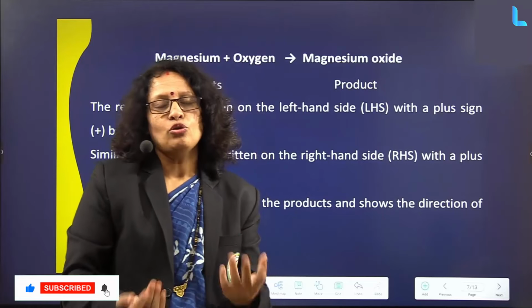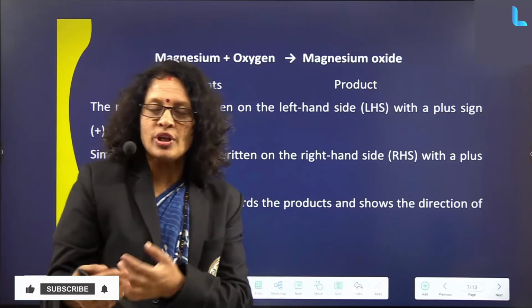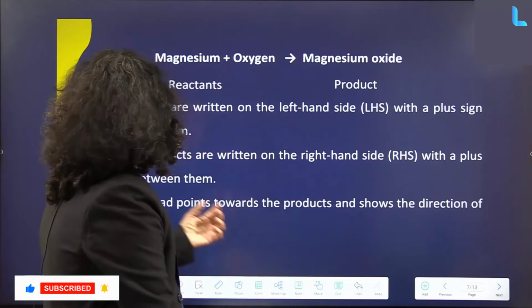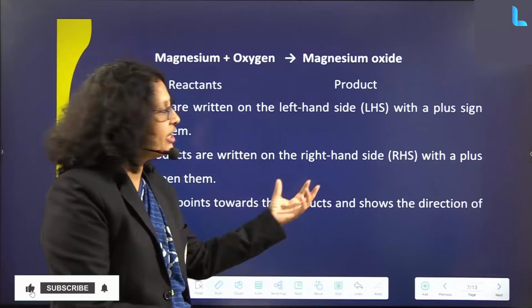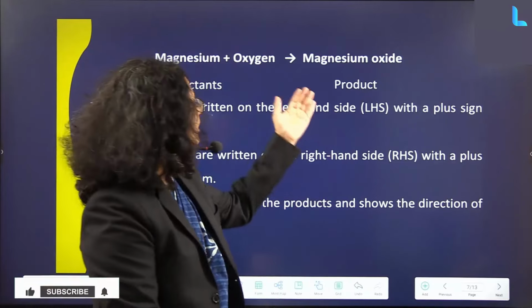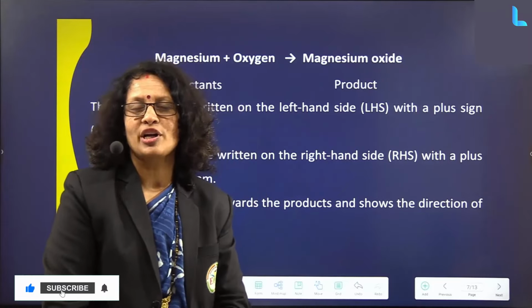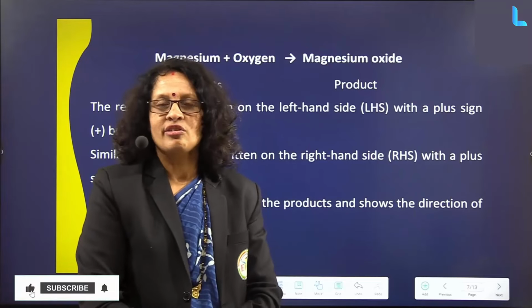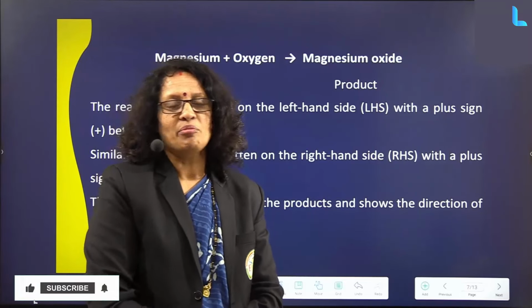If it is one, there is no need to write any sign. If there are more than one, we have to write a plus sign on the product side also. Right now in this example there is only one product. If there is more than one product, then we write a plus sign between them.